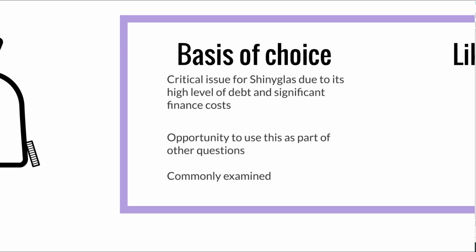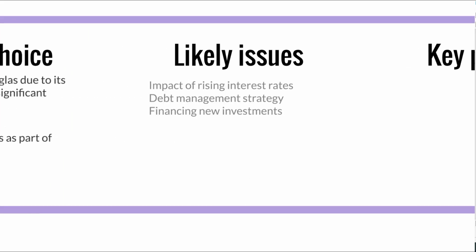Now, it's also an opportunity to use financing and tie it into other parts or other elements of the question, such as what's the possibility for expanding into a new territory, for example. And also, it's a topic that comes up time and time again. So, we've already talked about a couple of the likely issues. The first is the impact of rising interest rates.